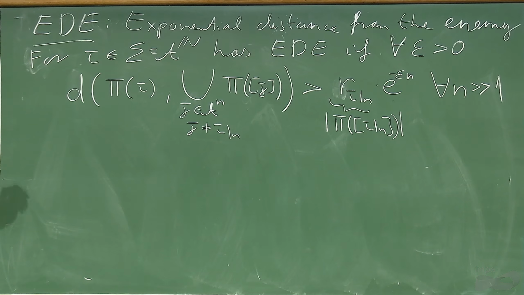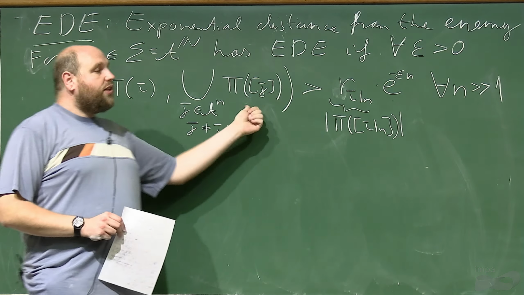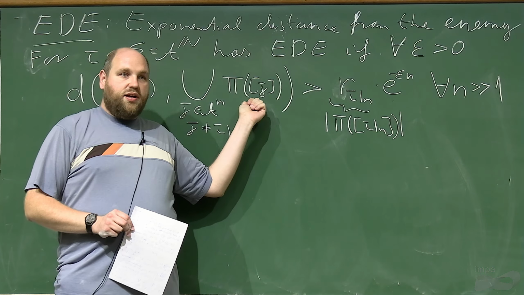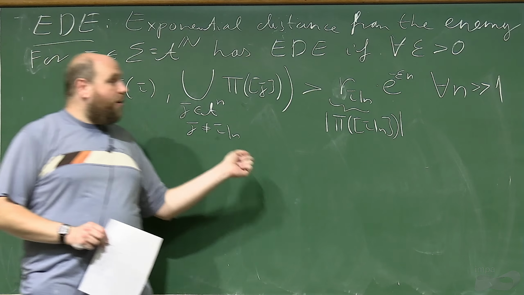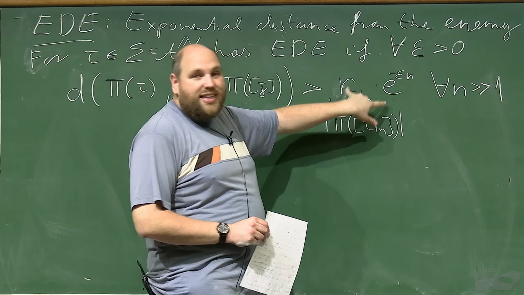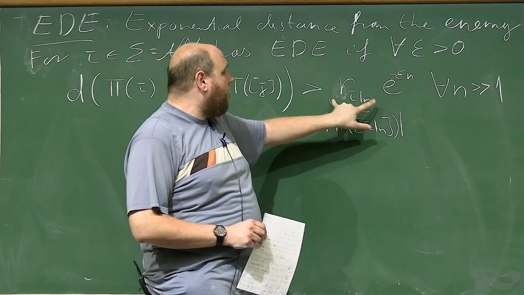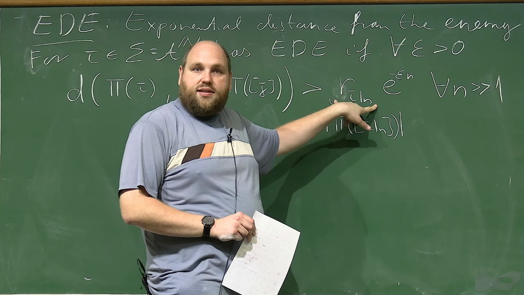Is it clear what it means? So basically, it not only says that this point is not in the other cylinders, which do not correspond to its first n symbols, I can also establish that the distance is almost comparable with the size.